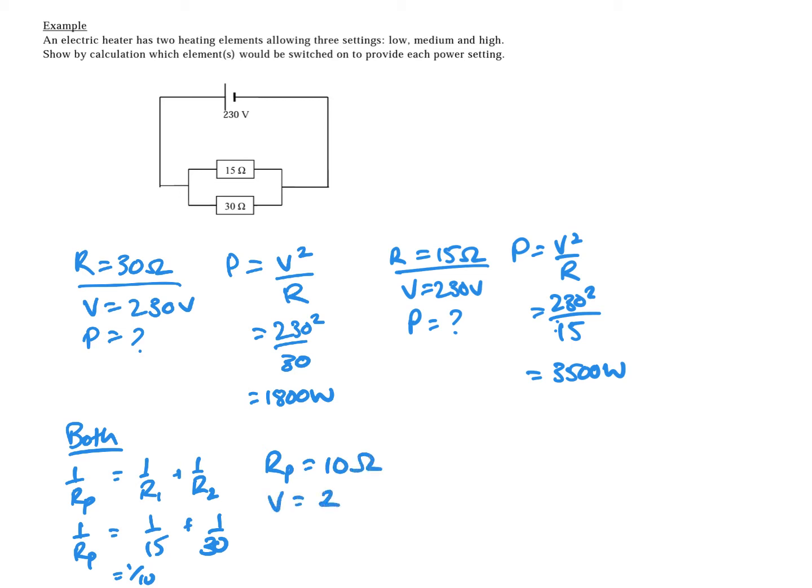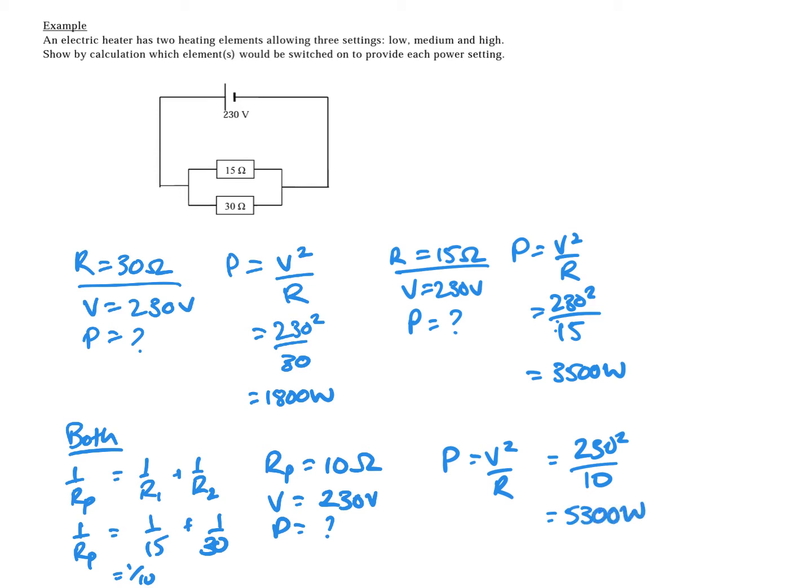V is still 230 volts. Remember, there's no splitting in parallel, right? The voltage in each branch is the same as the supply voltage. P is a question mark. P equals V squared over R. 230 squared over 10 is 5,300 watts.